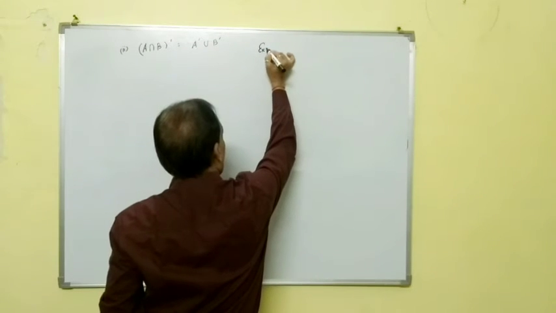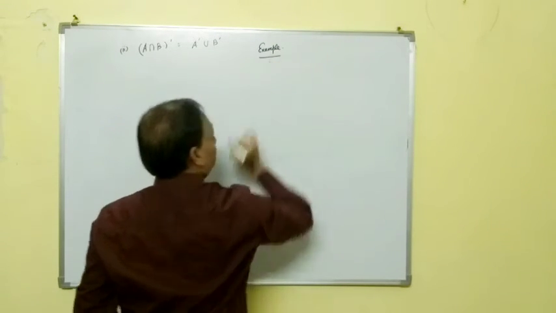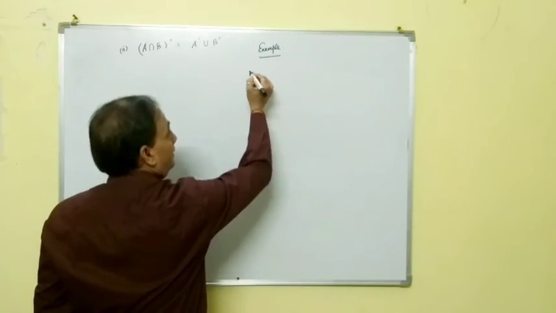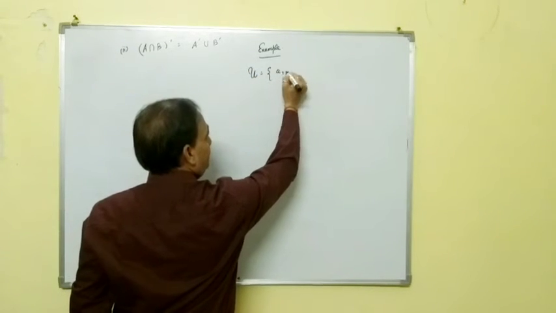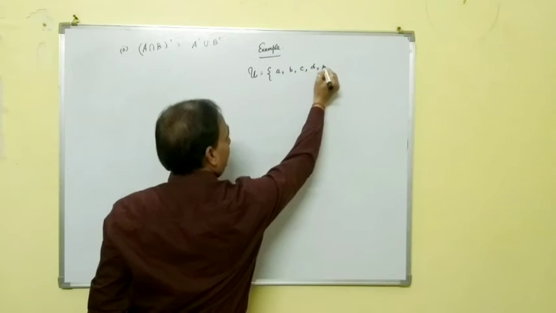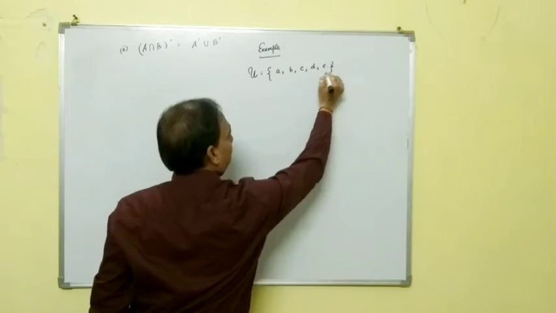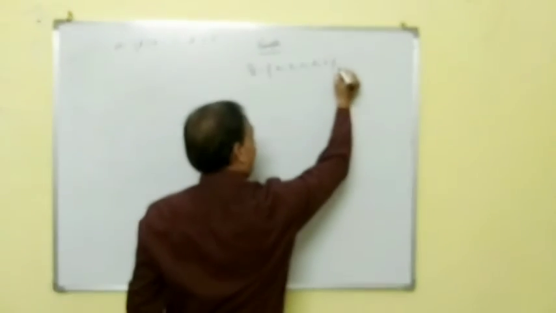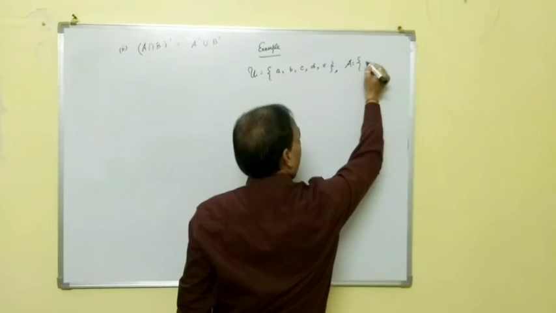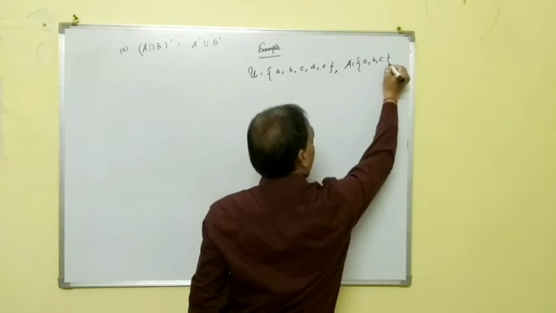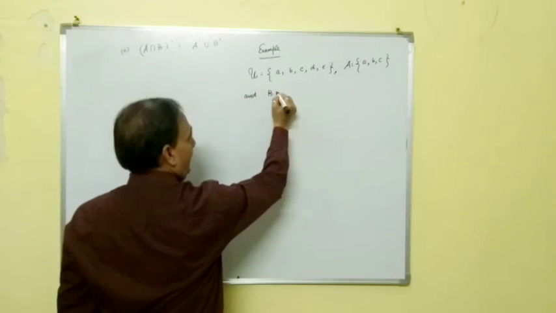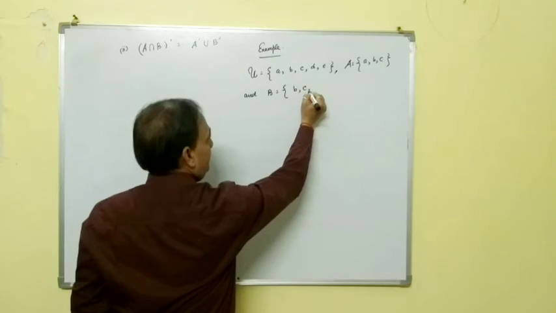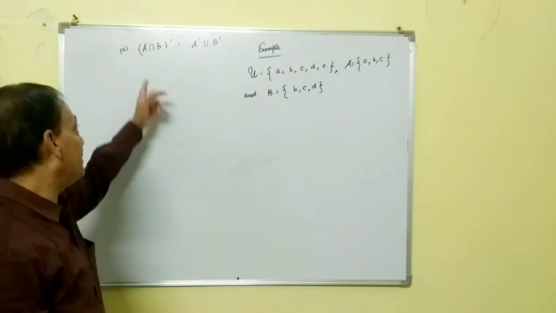We have a universal set U as A, B, C, D, E, a set A as A, B, C, and a set B as B, C, D. So we can verify De Morgan rules.